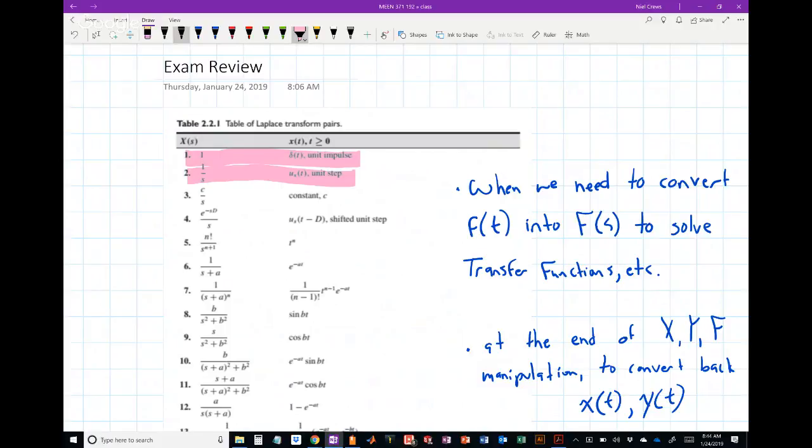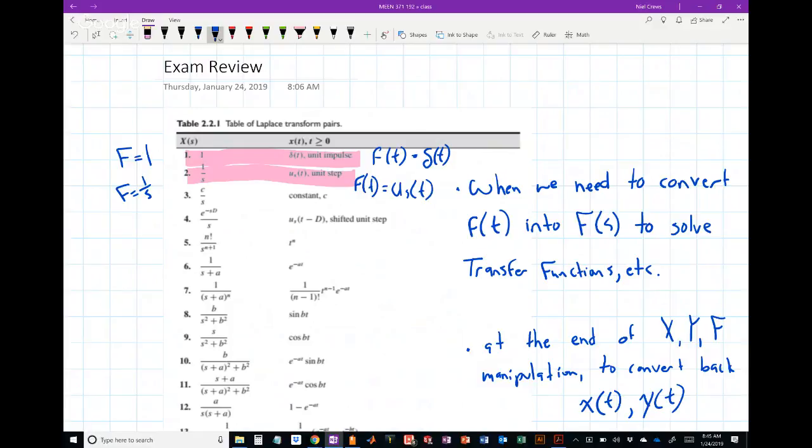All we're saying here is that if this is your F of t, then your F is 1. Here we're saying if your F of t is u_s of t, then F is 1 over s. And that's what you'll plug in, and you'll go through.